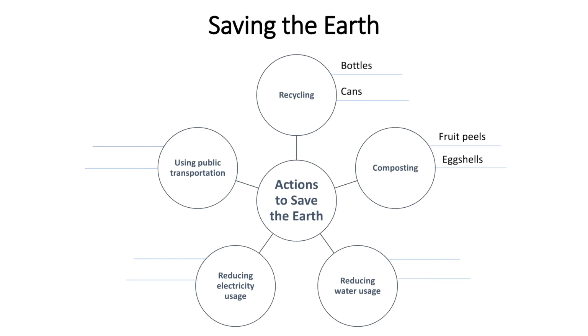Such as bottles, cans. And what types of materials can you compost? Such as fruit peels and eggshells. Tell students to write these specific examples on the lines extending from each subtopic.